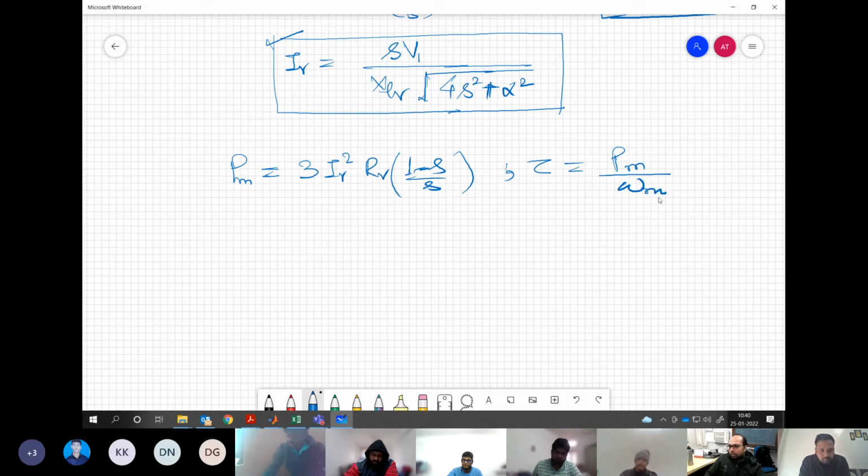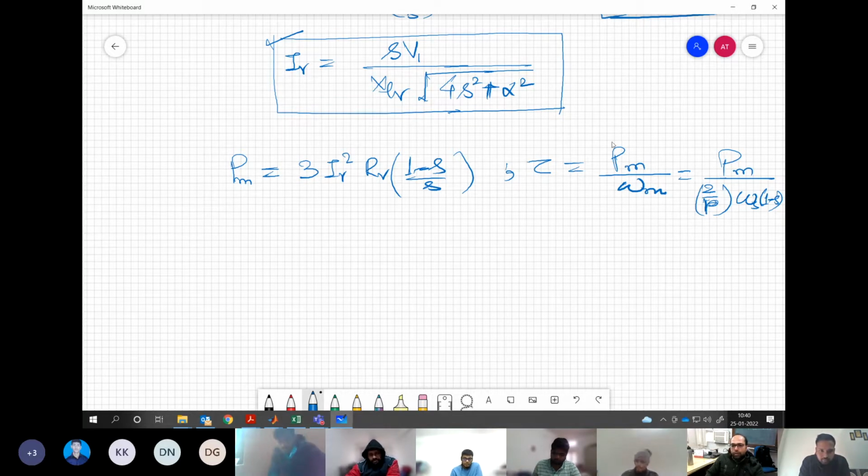There is no doubt in that. It's a very clear thing. So the rotor speed we can write as, now small p I am writing for the number of poles, omega s times (1 minus S). Correct? So according to the pole and slip, we can write the mechanical speed in terms of this. Correct, right?